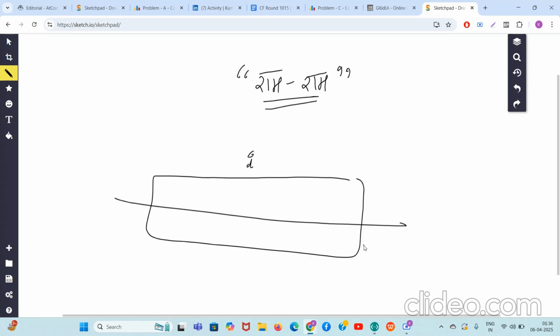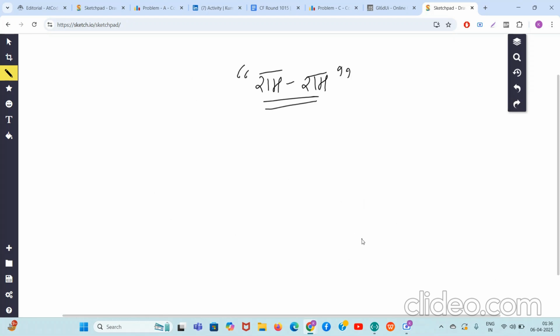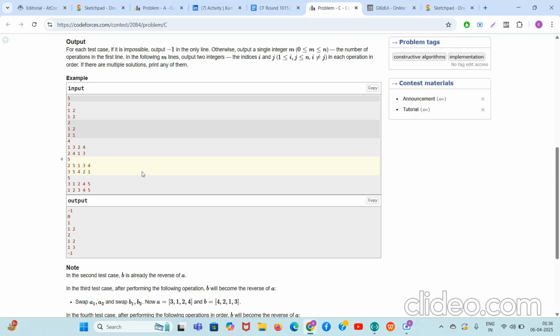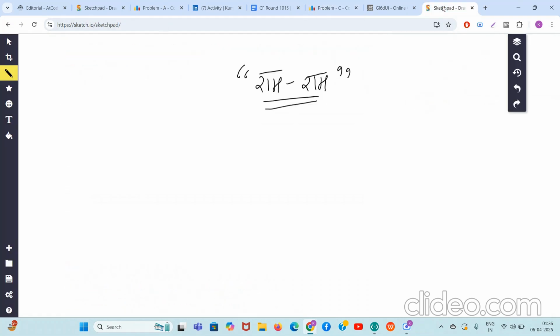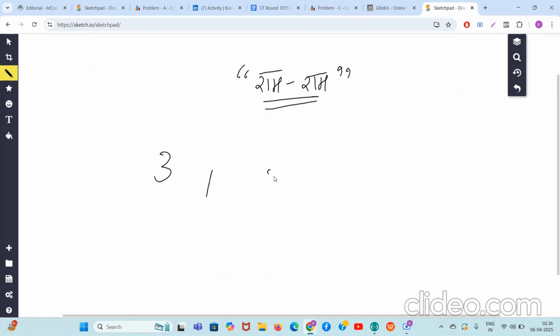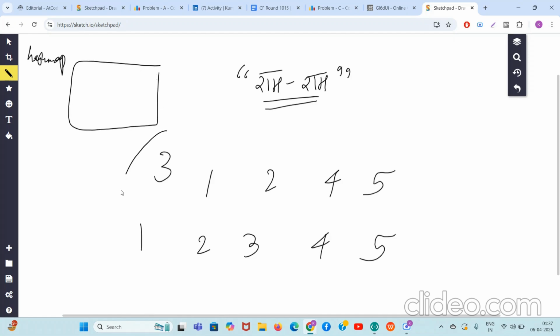Let me show you a wrong case also. Like 3 1 2 4 5 1 2 3 4 5. So let's try to create a hash map which tells the frequency of the bonds. Okay. So the 1 2 bond is coming one time.